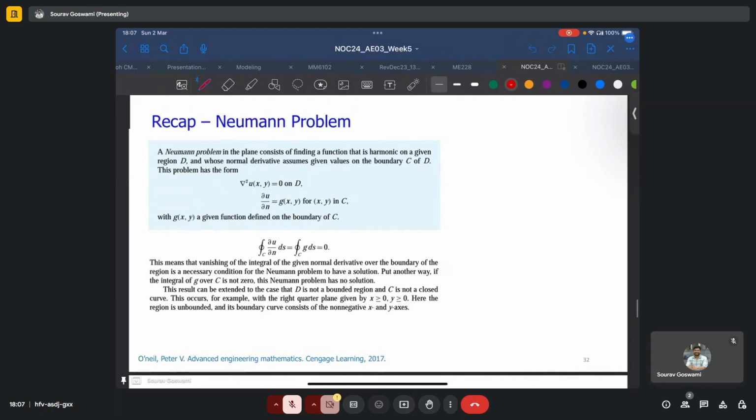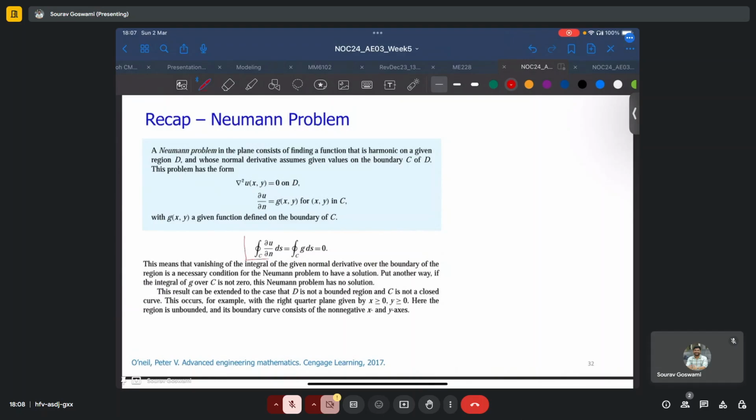And the condition is that the cyclic integral on the boundary C of dou u dou n ds is equal to the cyclic integral on the boundary C of the function g times ds, and both of these must equal 0.